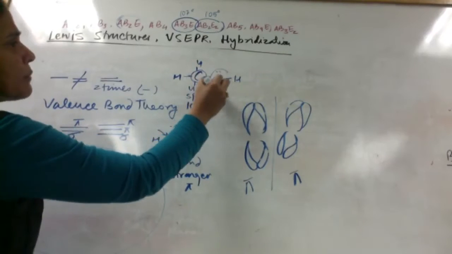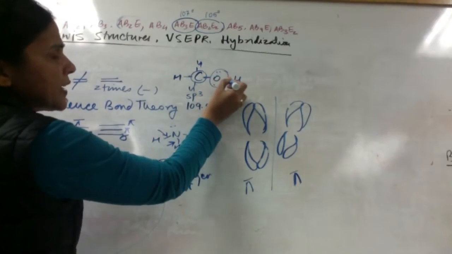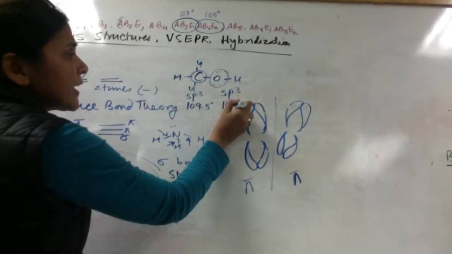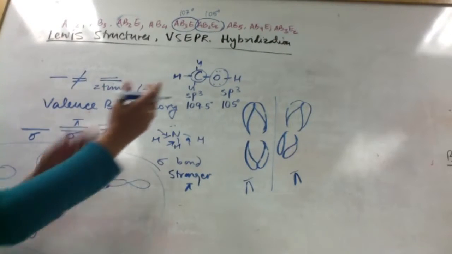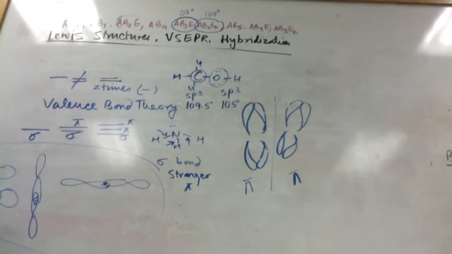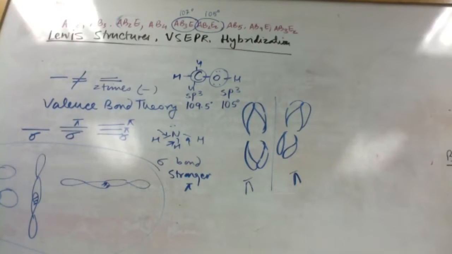If you look at hybridization around this oxygen, there are 2 lone pairs, 2 bonded. It's still sp3 hybridization. But now bond angle is 105, like water, because there are 2 lone pairs. It's almost like an AB2E2. So when they ask you for organic molecules, break it up in small chunks. Every central atom acts like independent things. So you're looking around that. Okay? Now, moving on from there, sigma pi.